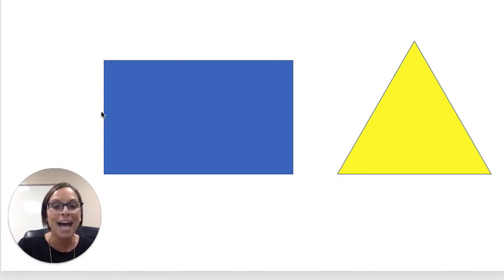Oh yeah, a rectangle has 1, 2, 3, 4 straight sides, and a triangle has 1, 2, 3 straight sides. How about the vertices? A rectangle has 1, 2, 3, 4, but a triangle has 1, 2, 3. This makes me think you could almost do this with other shapes too, right? You could look at how are they the same and how are they different.